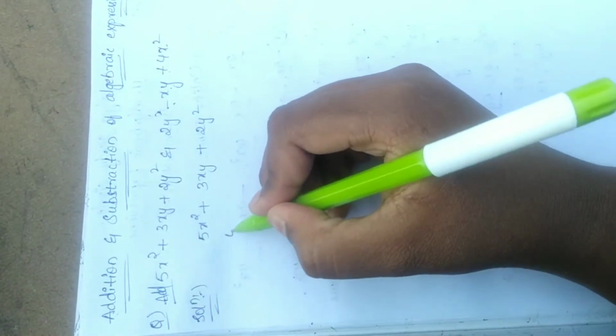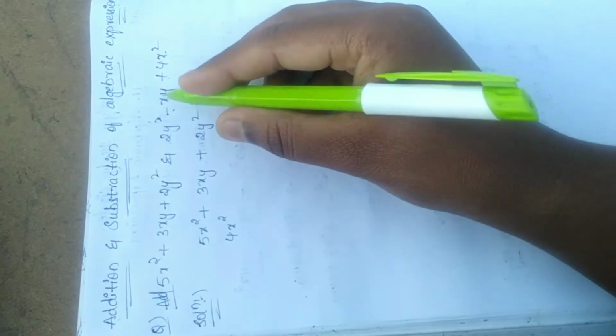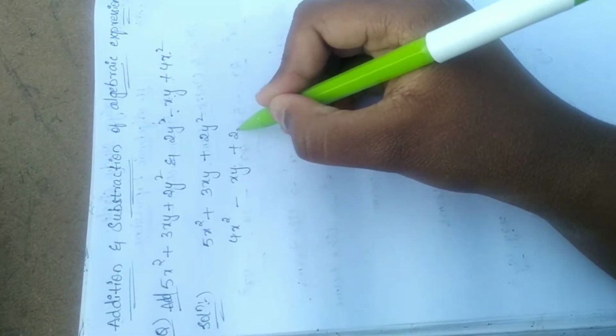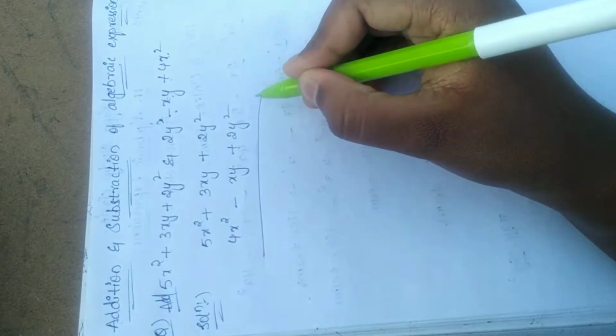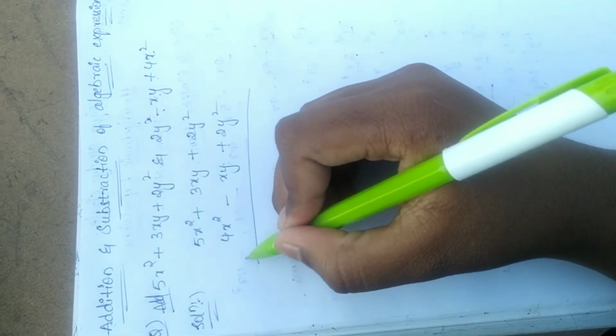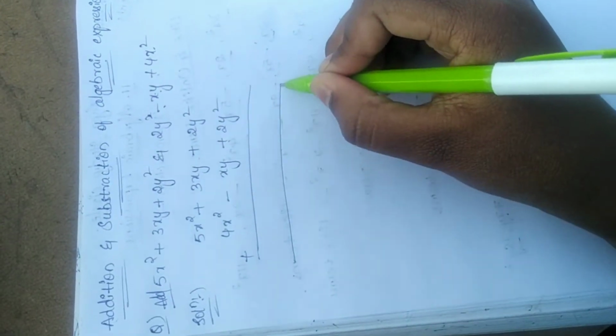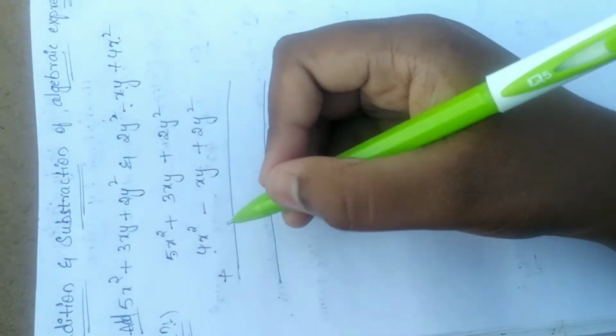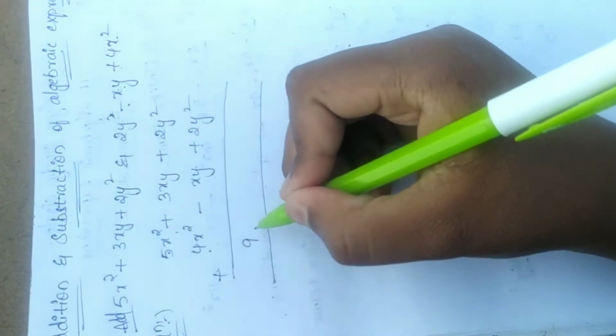That means 4x square minus xy plus 2y square. This is addition, so we have to write the addition symbol here. Here 5 plus 4 is 9x square. We have to add the coefficients of variables, not variables.